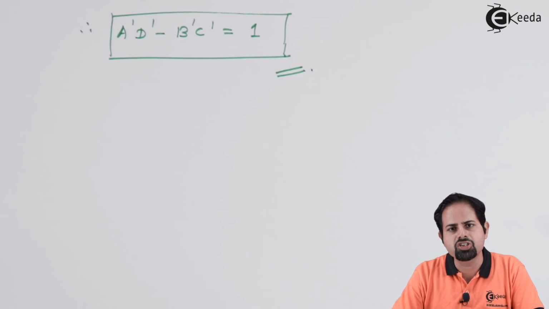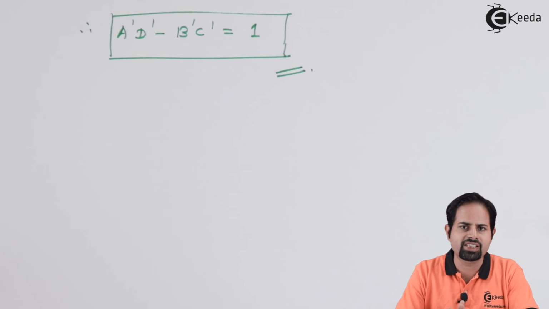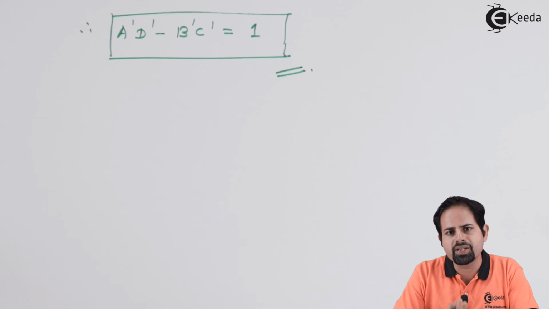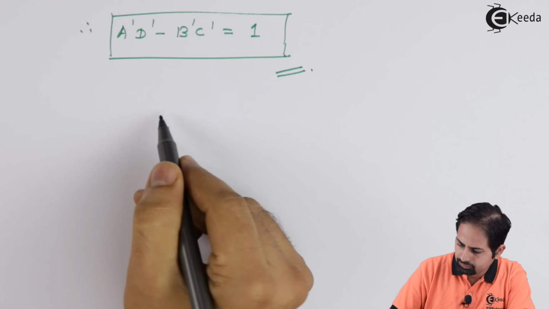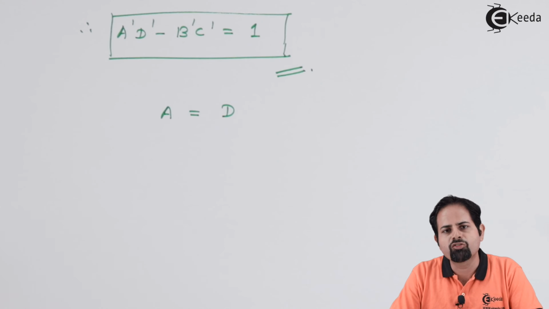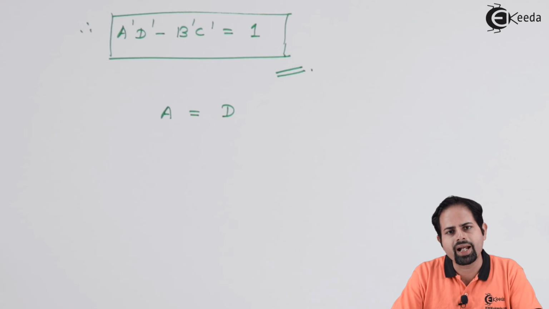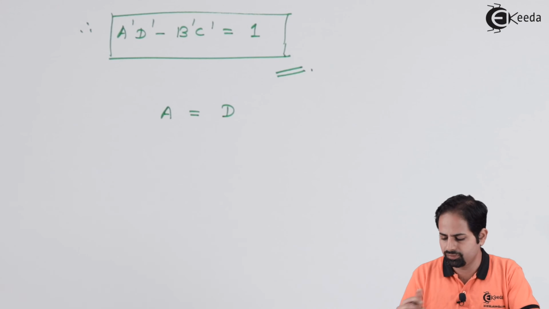For symmetry condition, if you refer to the video of ABCD parameters, because they are quite similar. For ABCD parameters, the symmetry condition was A equal to D. So by following the same procedure, we can prove that here it comes to be A dash equal to D dash.